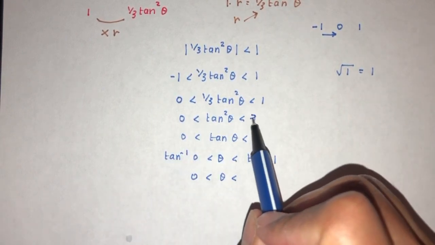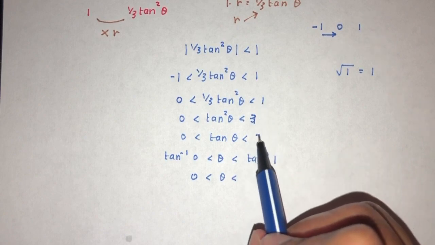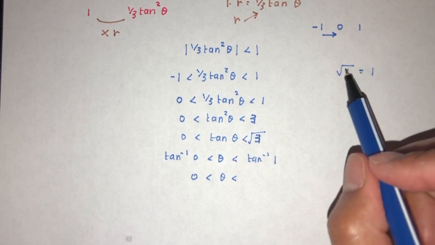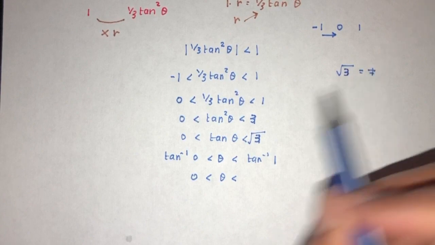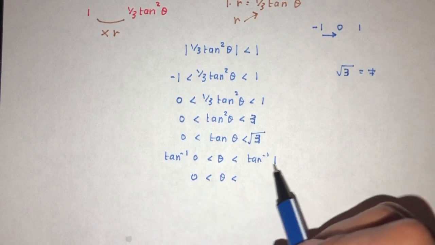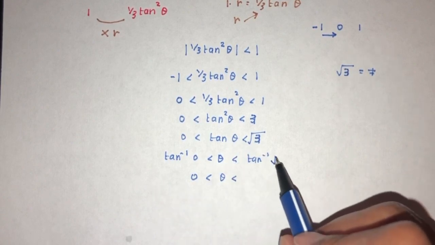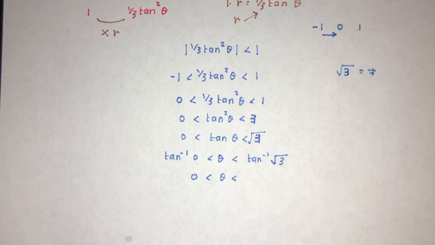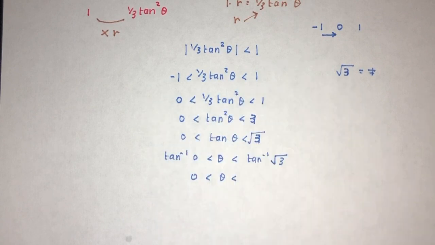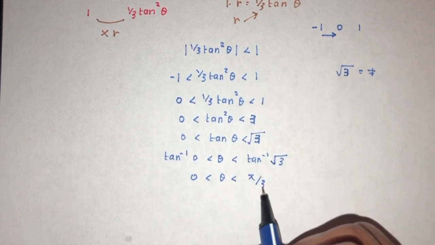It should be 3 here, my apologies. So here that should be root 3, because when I multiply by 3, this should become 3 and not 1. That is my mistake. So this should be tan inverse of root 3. Let's check: tan inverse of root 3 should be 60 degrees, which is pi by 3.